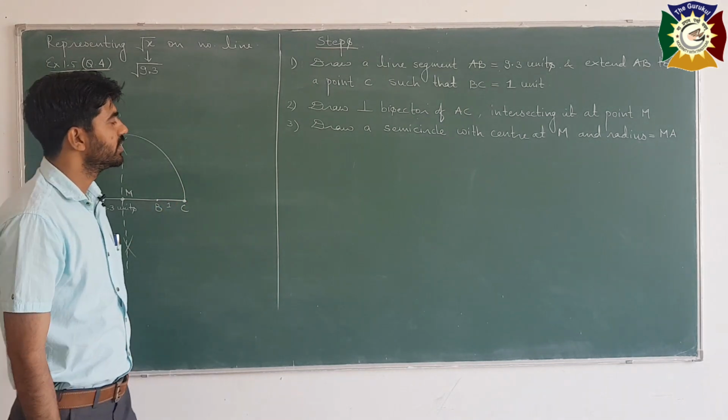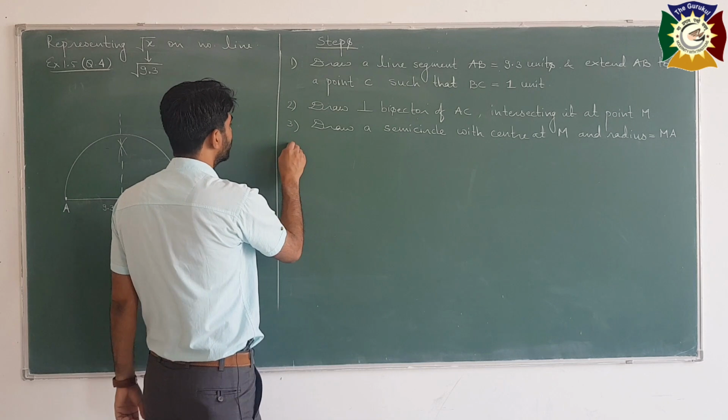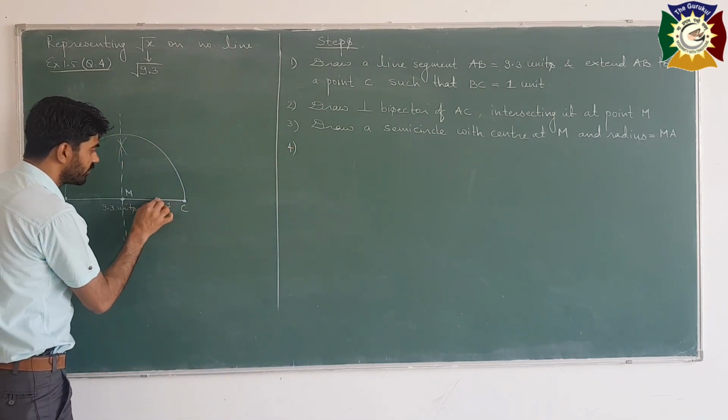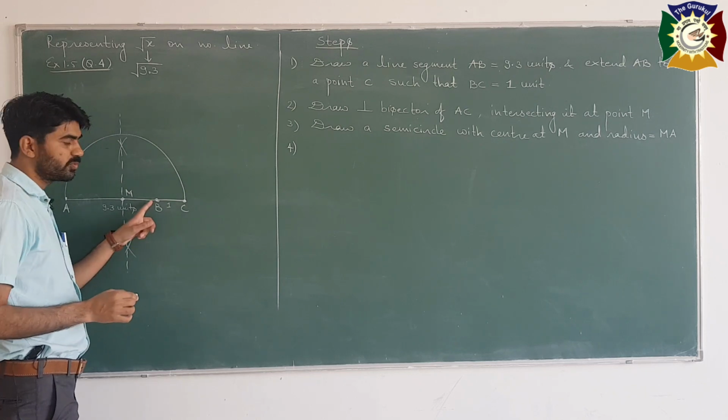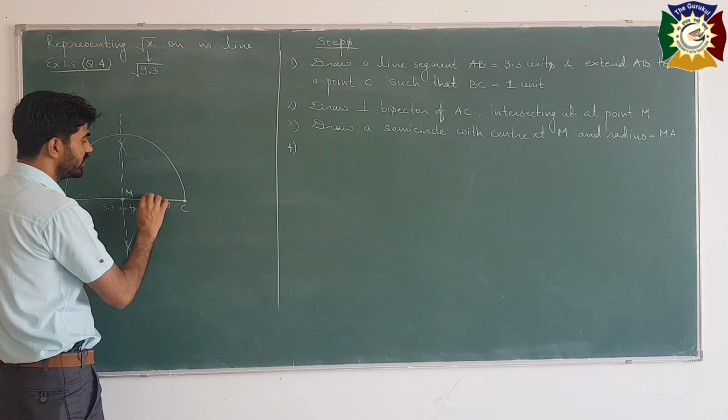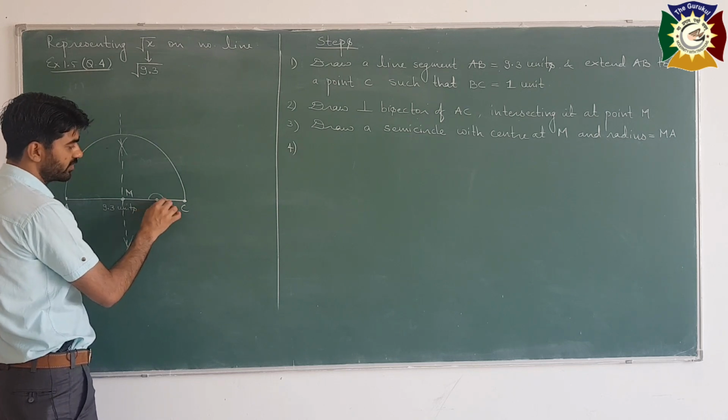Okay. Now, fourth step, at this point B, we will draw a ray which is perpendicular, it means we have to make a 90-degree angle here.